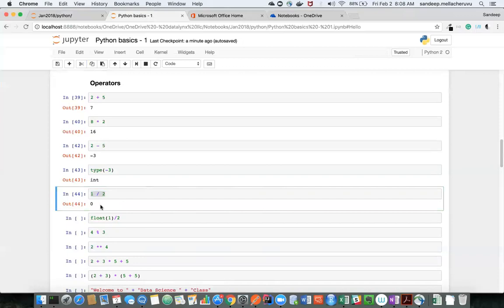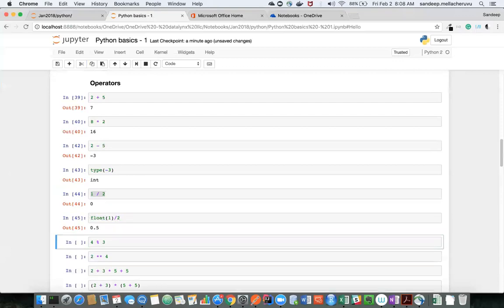Now what if you want to do a floating point division for this 1 by 2? To do that, you have to use this float function. If you use float of 1 by 2, Python will assume this is a floating point number and it will divide it by 2.